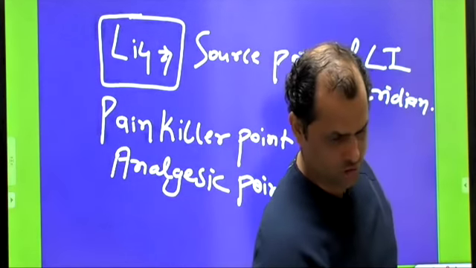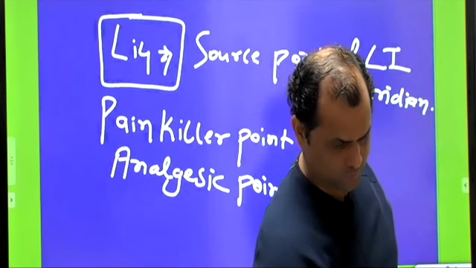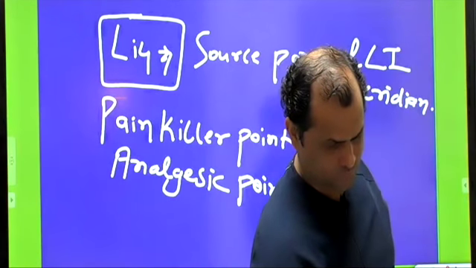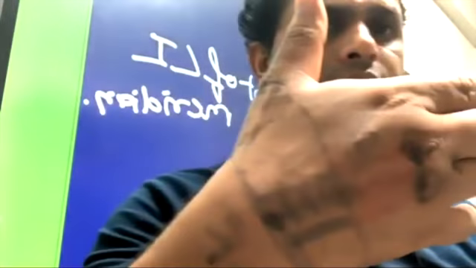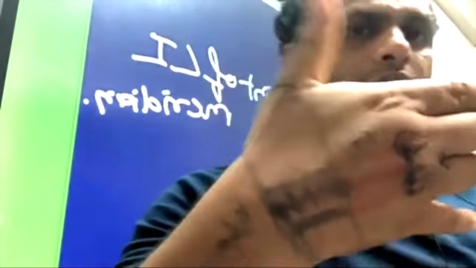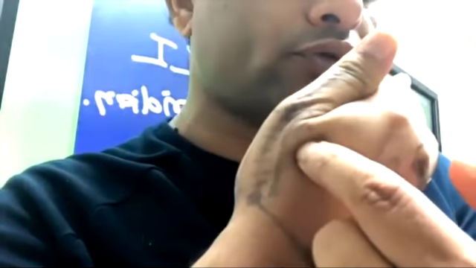Let's see the location of LI4. So look at my hand. If I do like this, then we can see the muscle here. This is the muscle between the first metacarpal and the second metacarpal bone. The name of this muscle is interosseous muscle, and the tip of this muscle is LI4.